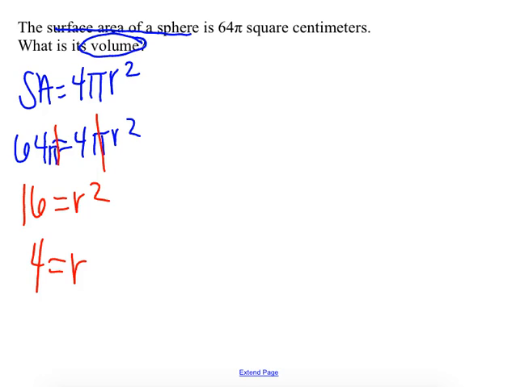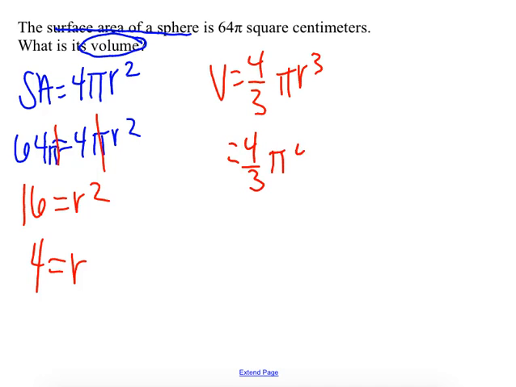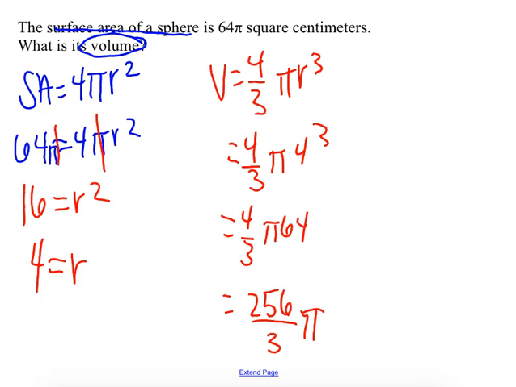Now plug that in for our volume. So we're going to have 4/3 pi 4 cubed. Then we cube that 4 and we get 64. And 4/3 of 64 is 256 divided by 3 pi.